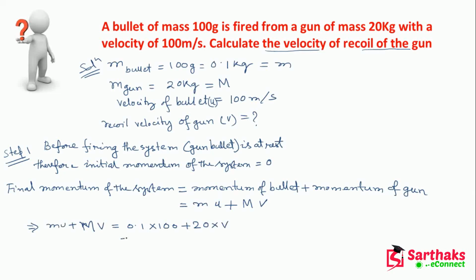So that equals 10 plus 20 v. That is the final momentum of the system. I am writing it here because the space is not so huge.